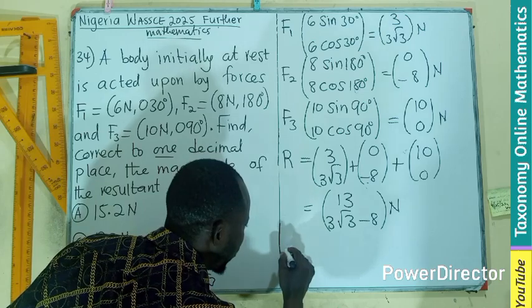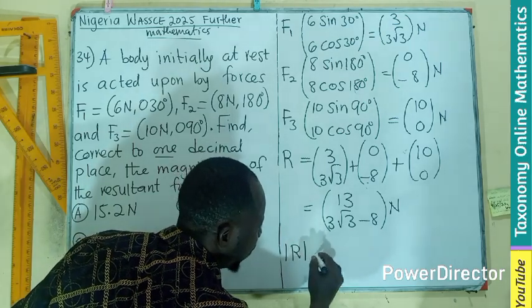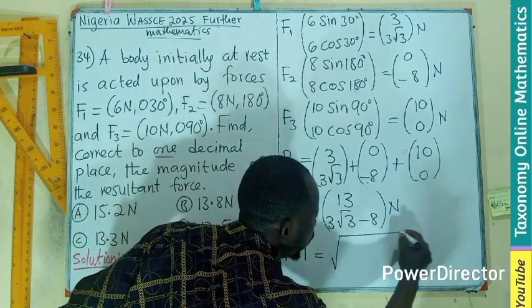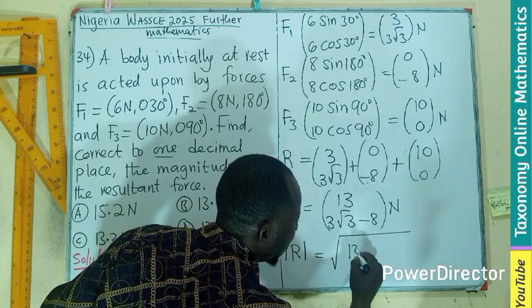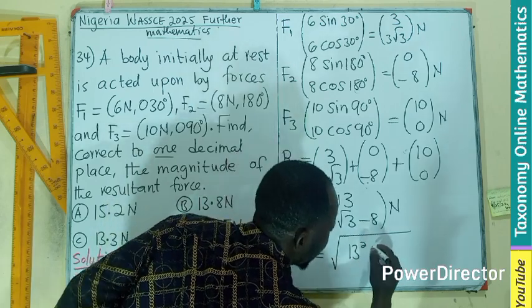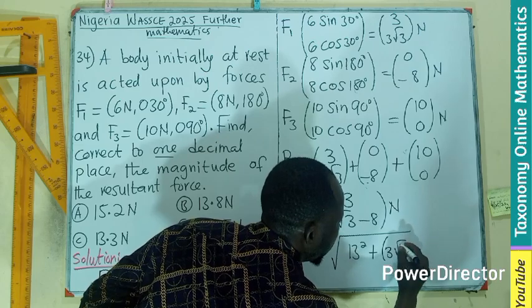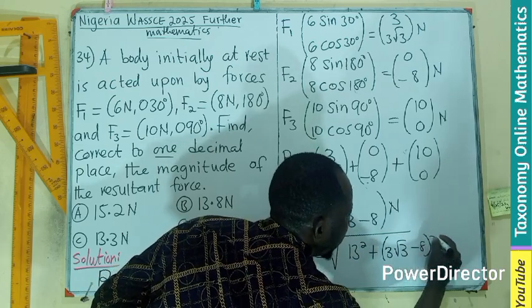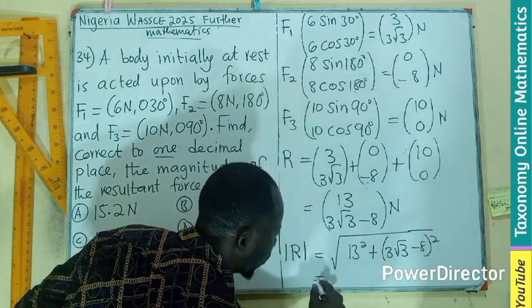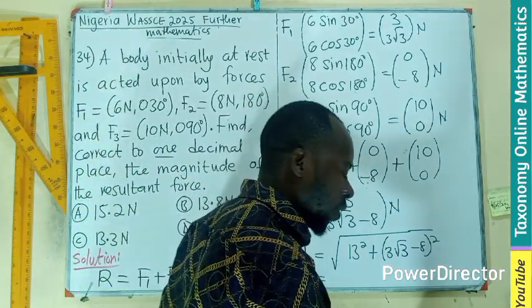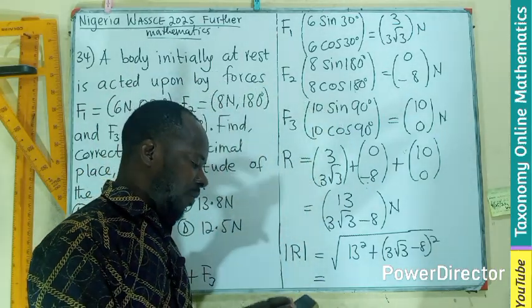So the magnitude of the resultant force will be the root of the x component 13 squared plus the y component 3 root 3 minus 8, all squared. Because of the space, I'll put all of that in my calculator and see the result.